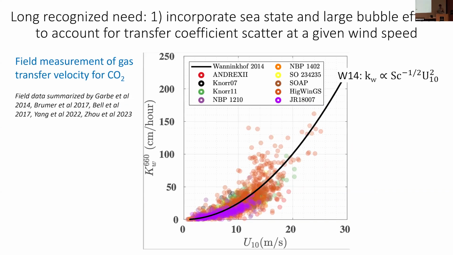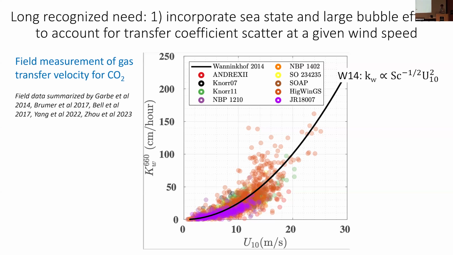So then you have tons of measurements of eddy covariance and also tracer that allow you to backtrack this transfer velocity, which is plotted here, this KW. It's normalized by the Schmidt number so that you can supposedly compare different gases, or at least different temperatures for the same gases. And then it's wind speed here. And so then the black line is the Wanninkhof formula with a certain prefactor.